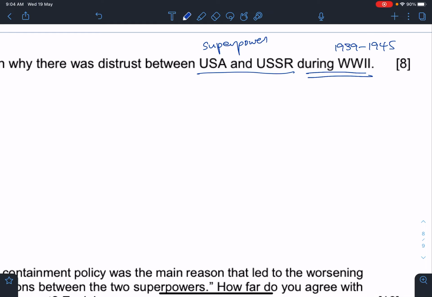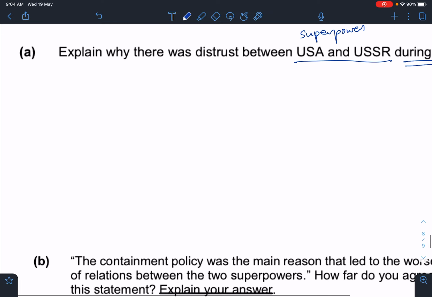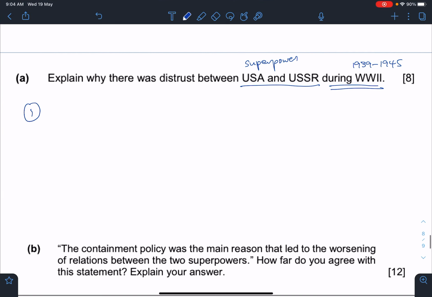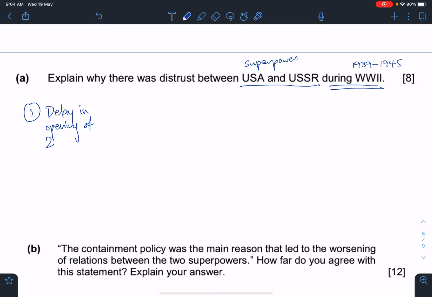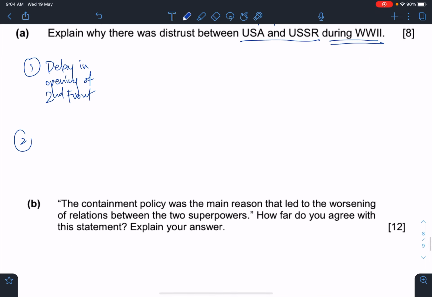Okay, so the obvious point is the delay in the opening of the second front. And the second one is you can talk about the disagreements over post-World War II Europe.